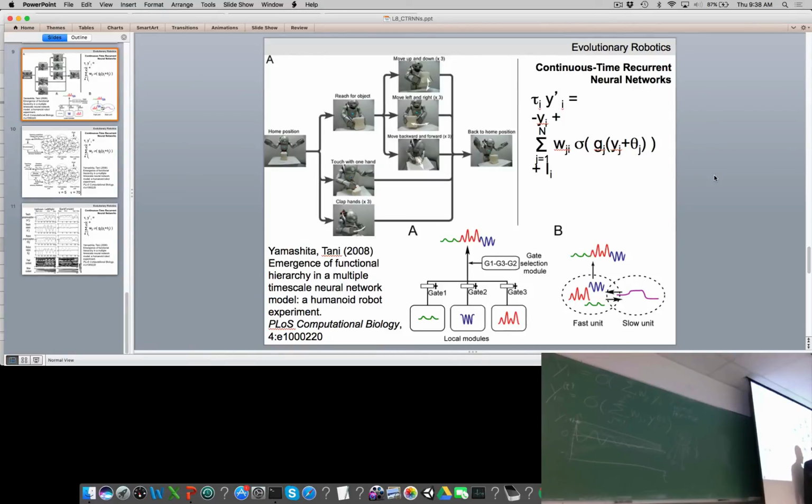So once the robot has been evolved or trained to exhibit these 3 things in isolation, a robot do motor primitive green, do motor primitive blue, it can do it. Then we can say do green, then blue, then red, and it will learn to turn this gate on and these 2 off, then shut this one off, turn this one on, turn these 2 off, turn this one on, and finally turn this one off and let this one on.